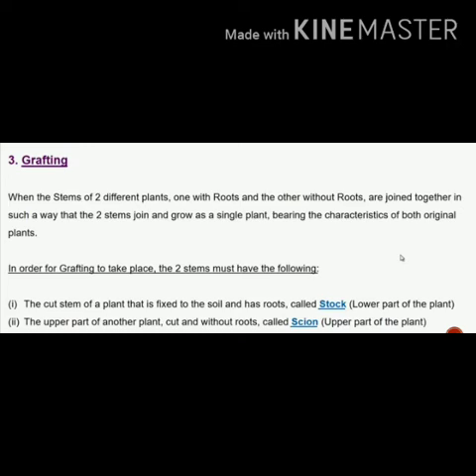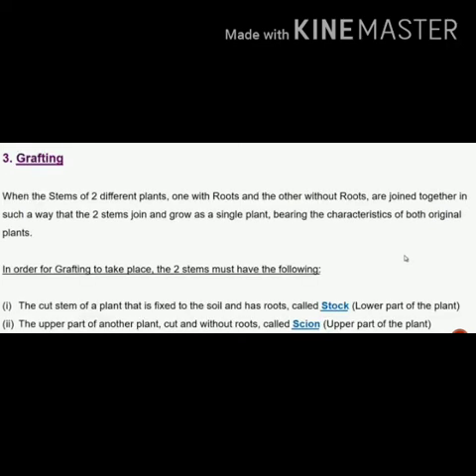In order for grafting to take place, the two stems must be as follows: the cut stem of a plant that is fixed to the soil and has roots is called the stock. And the upper part of the plant that is cut and without roots is called the scion. Now the stock is chosen for its good roots and resistance to disease, while the scion is chosen for its good flowers or fruits.